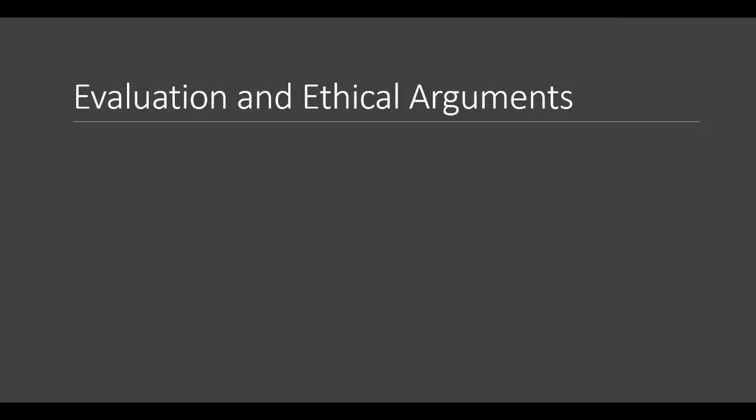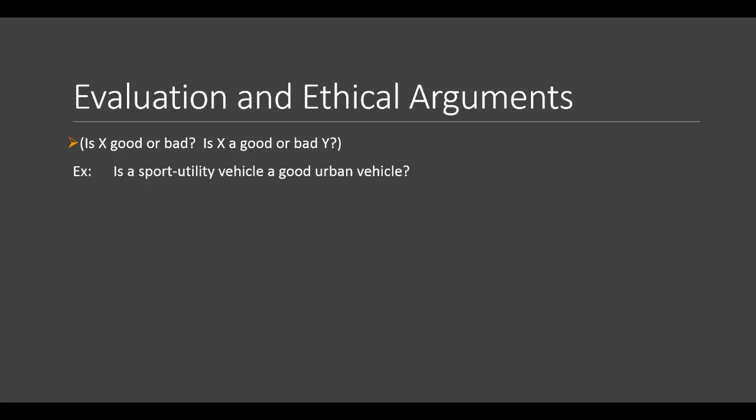Fifth type of claim is evaluation and ethical arguments. In this kind of claim, the author argues if X is good or bad, or if X is a good or bad Y. For example, is a sport utility vehicle a good urban vehicle?